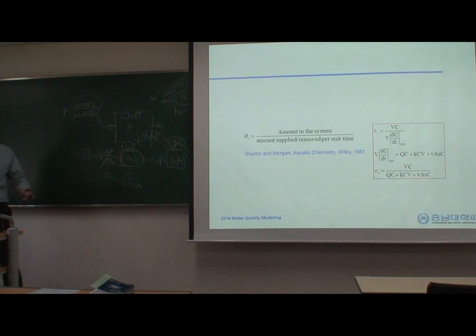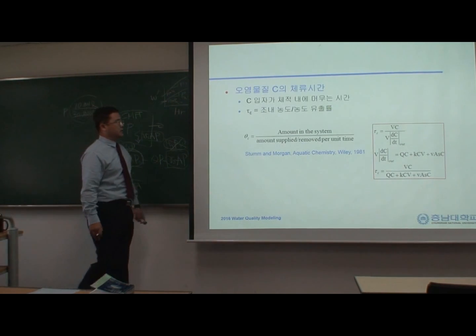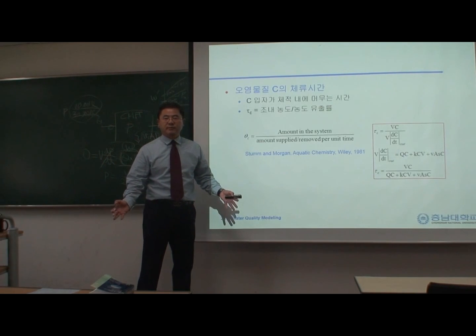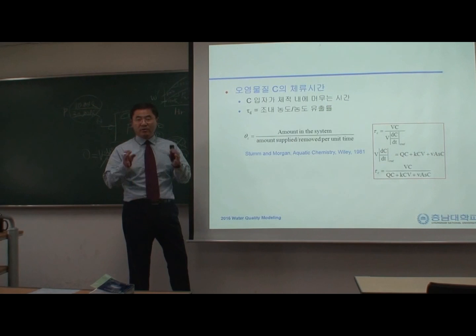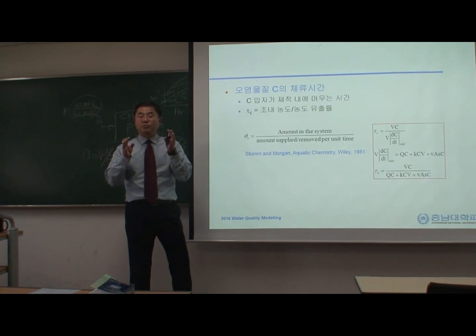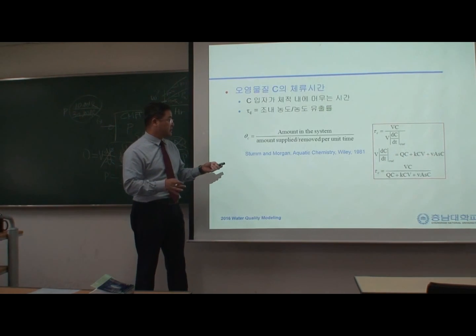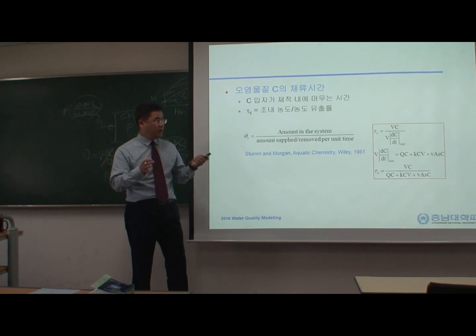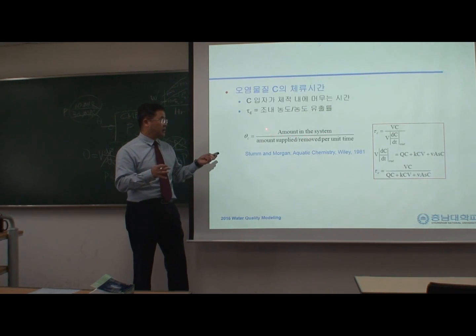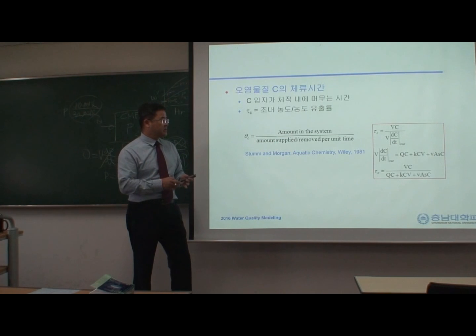And then for the treatment plant, you have an activated sludge system, and you want to calculate the residence time of your cell or your pollutant. In this case, we have the same principle: how much pollutant is in your system, which is V times C, and how much is leaving.